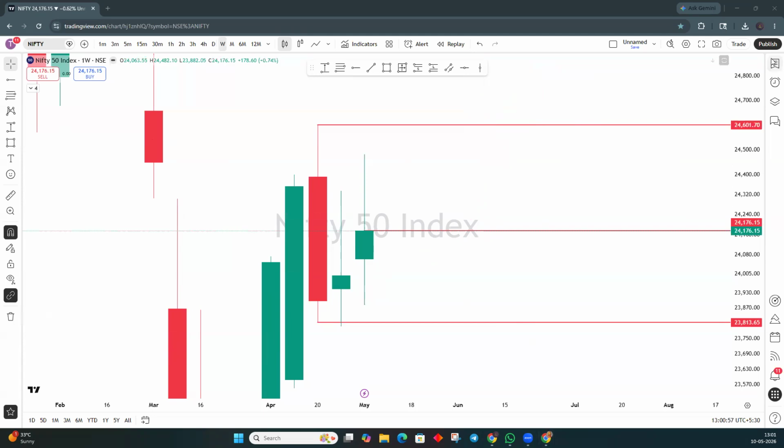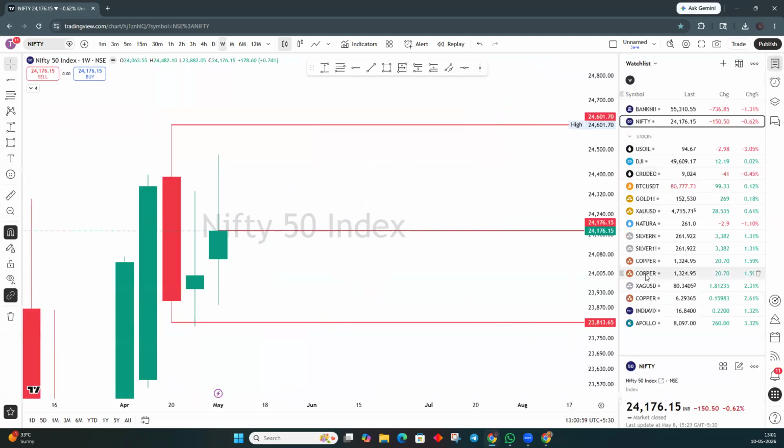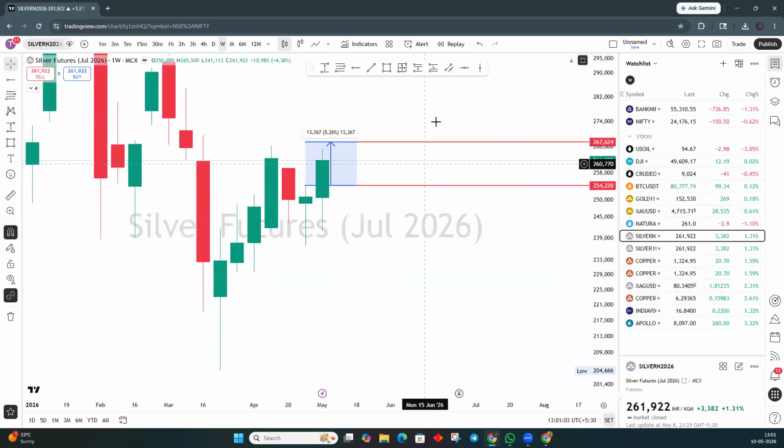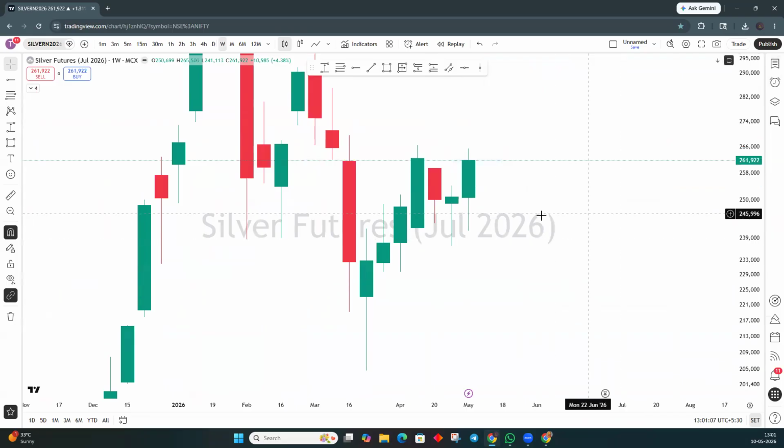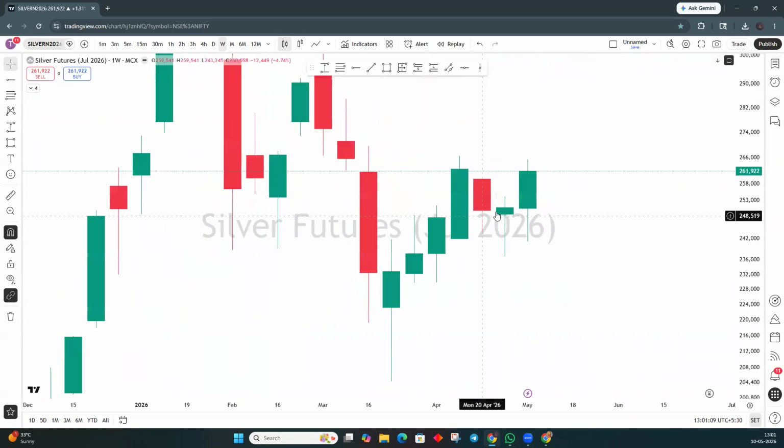So this is the Nifty analysis, and now we will shift to the next, that is silver. So in silver also, what you see here, this is the weekly time frame. The last 2 weeks we can see a strong bullish candle along with wicks.